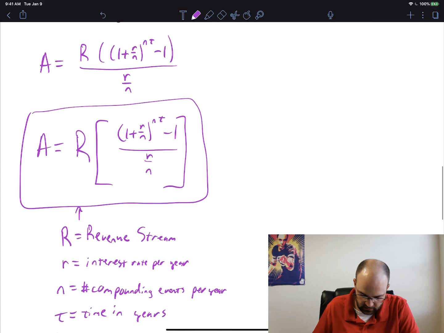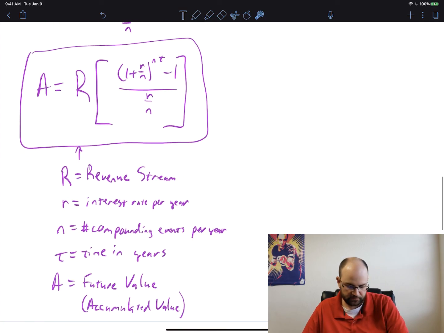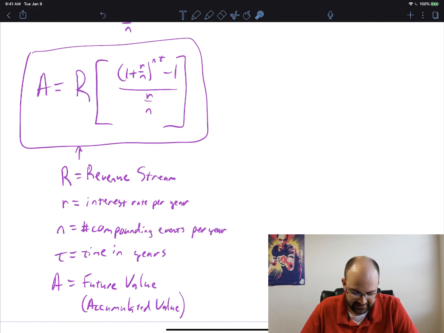Good. And what's very interesting about this formula is that this R is just right here. So the revenue stream is just here, right? And then all of this is just some multiplicative number. That's all it is. And so the higher the interest rate, or the more times you compound in a year, the higher this number is going to be.